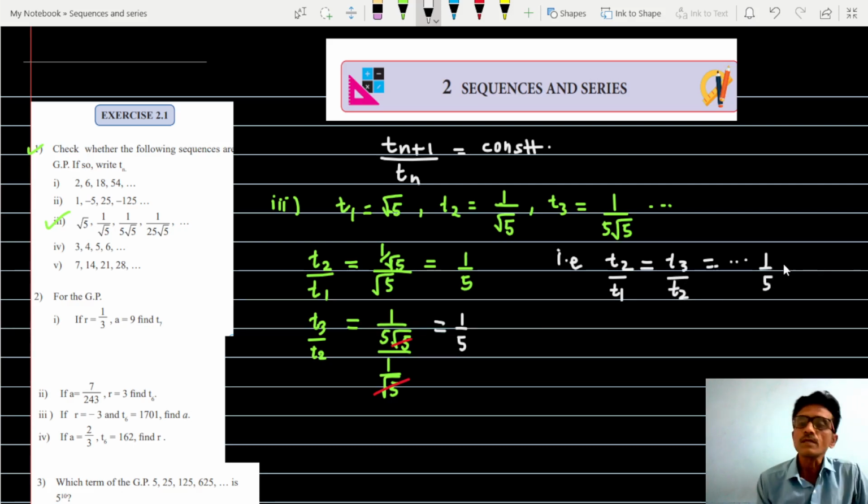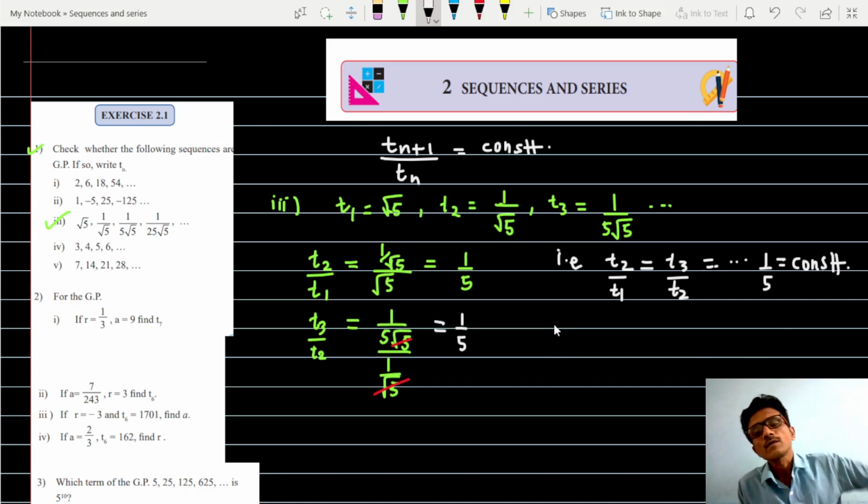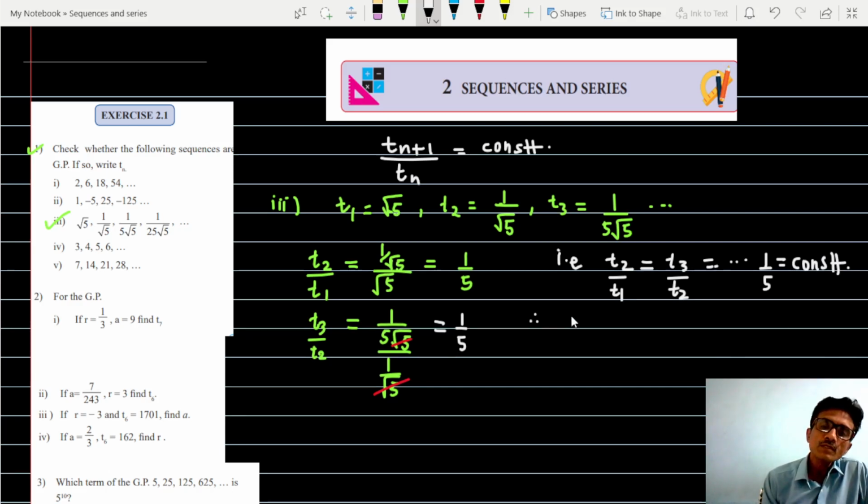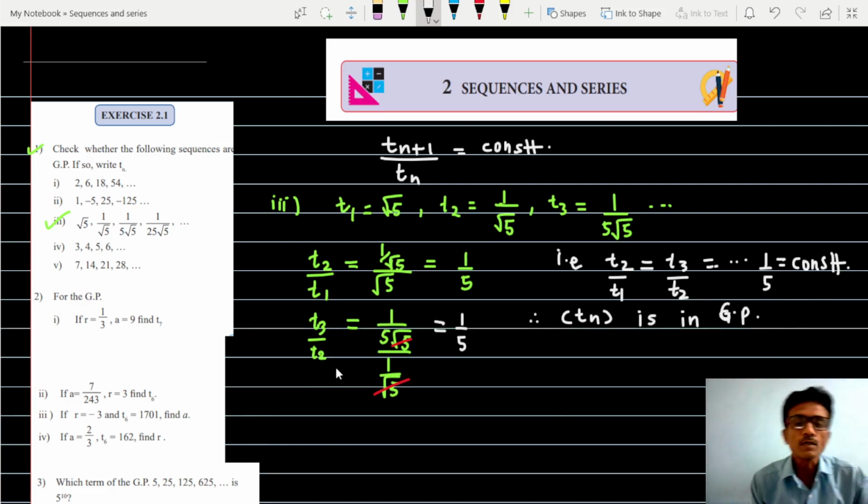That is constant. The ratio is constant. Therefore, this sequence Tn is in GP. Yes.